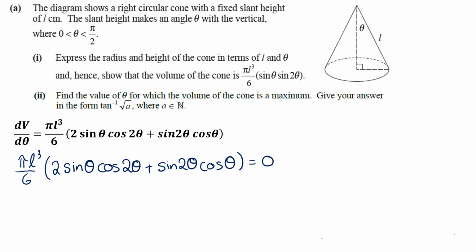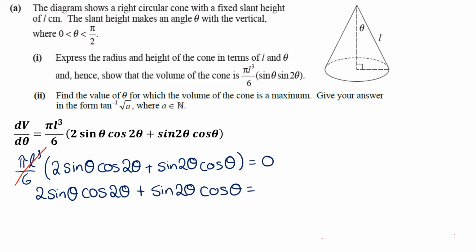Now we can divide across by what we've pulled out in front. So if we divide across by pi L cubed over 6, we end up getting rid of it because 0 divided by anything is still 0. And we're simply left with 2 sine theta cos 2 theta plus sine 2 theta cos theta equals 0.